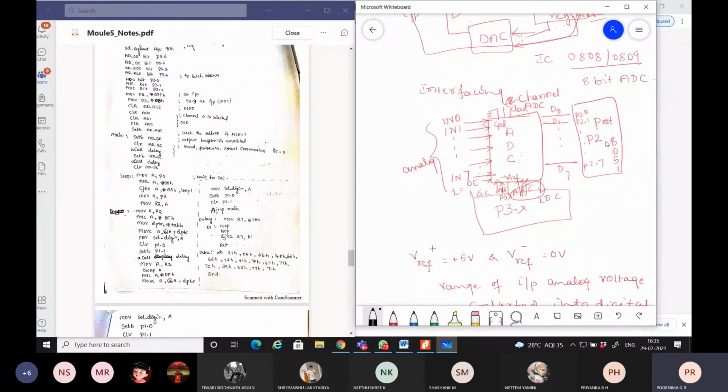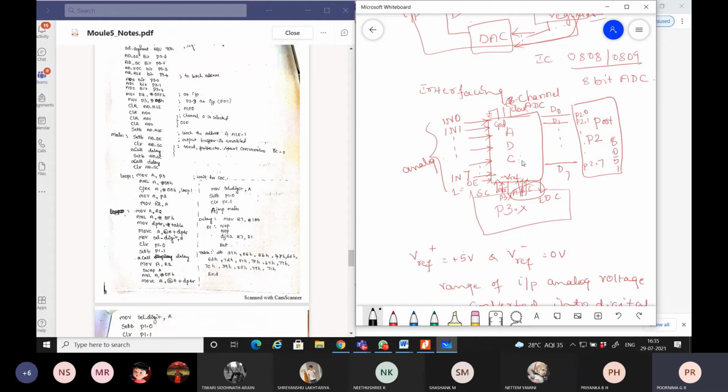The process is very simple. Send all the control signals between ADC and the port pins of 8051, and between 8051 and ADC, and establish the communication channels. After that, send the start of conversion pulse. Whenever start of conversion from 8051 to the ADC has been sent, the ADC will start converting by considering the input from any one of the channels.